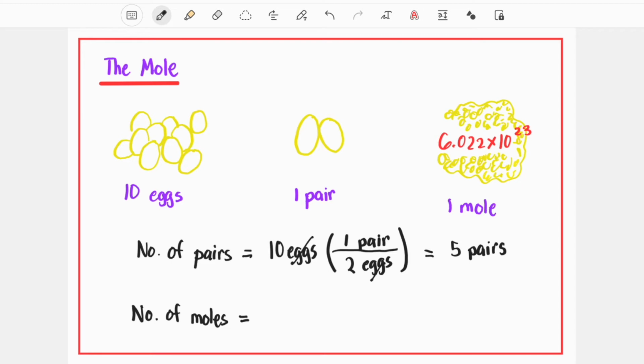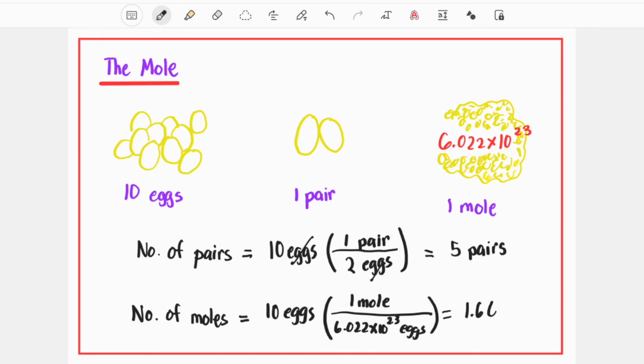How many moles of eggs would that be? So following my logic in the example, that's simply 10 eggs multiplied by the conversion factor. So for every 1 mole, that's 6.022 times 10 to the 23 eggs. Using my scientific calculator, 10 eggs is 1.661 times 10 to the negative 23 moles.